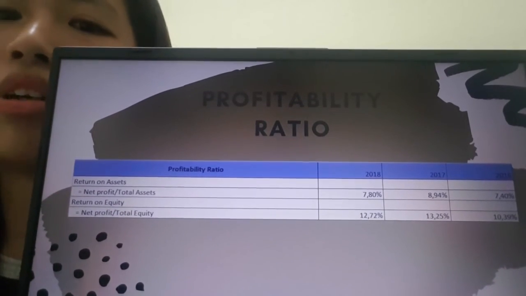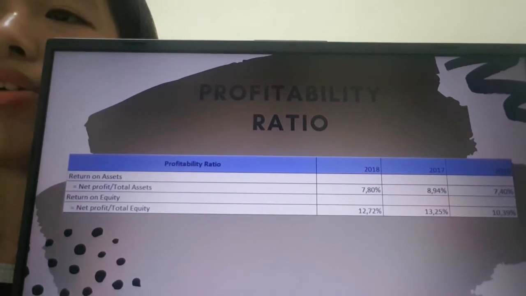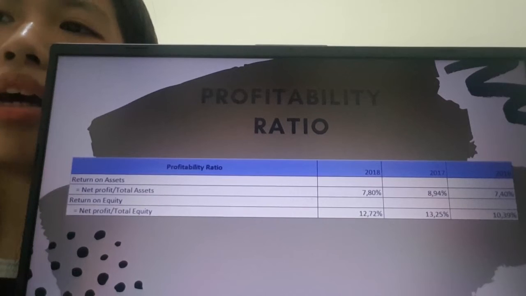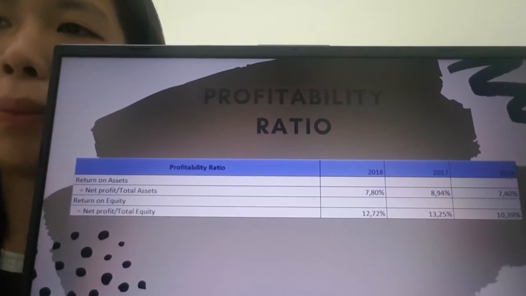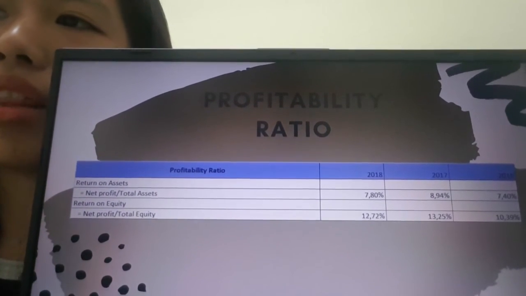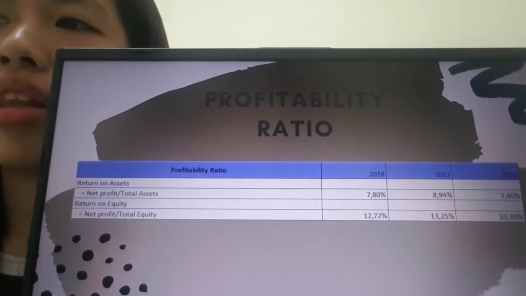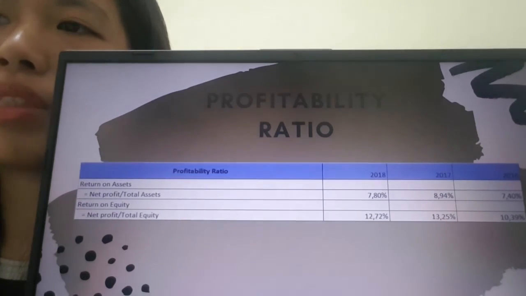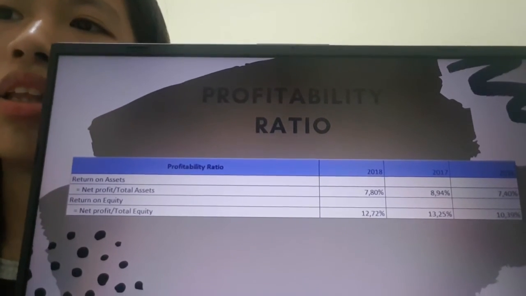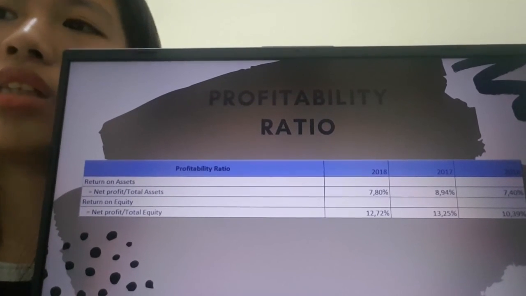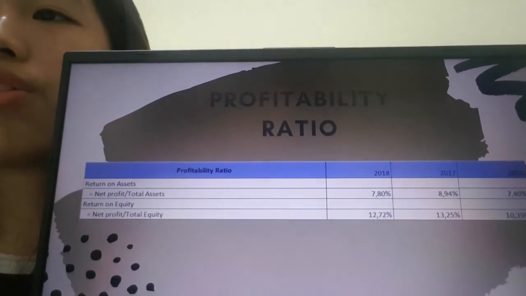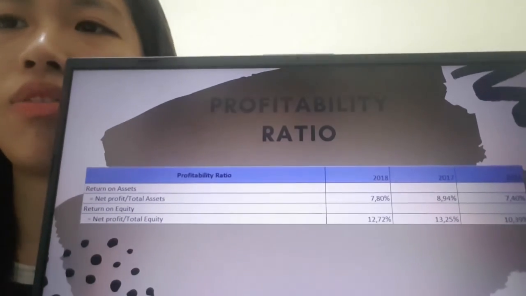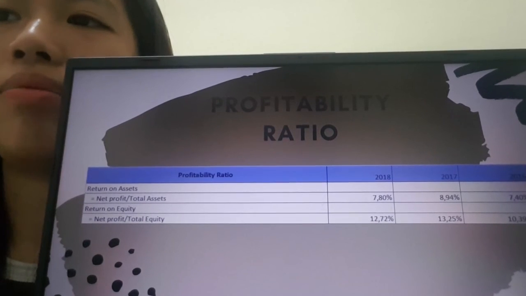And for the return on equity ratio, we get it by dividing net profit by total equity, and we get the number of 10% for 2016, 13% for 2017, and 12% for 2018. So it is increasing from 2016 to 2017 and decreasing from 2017 to 2018.